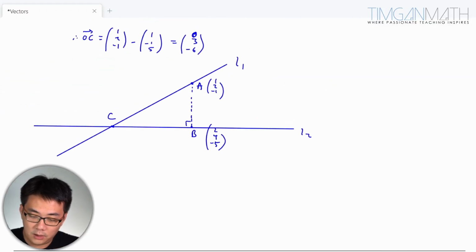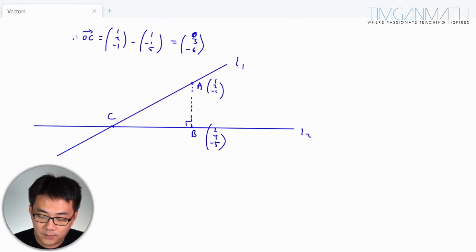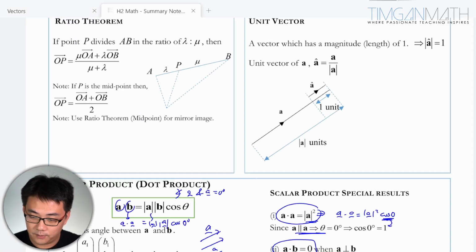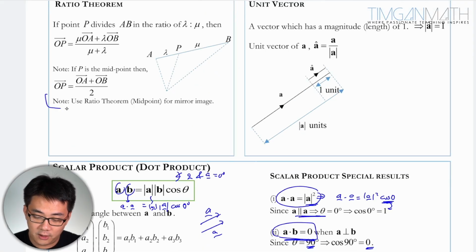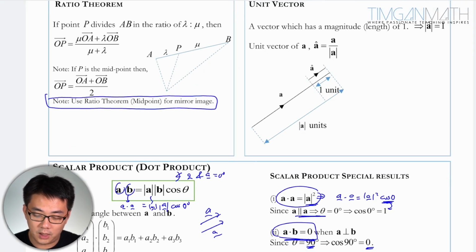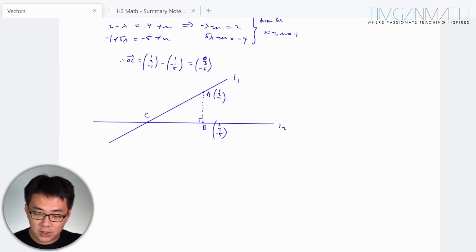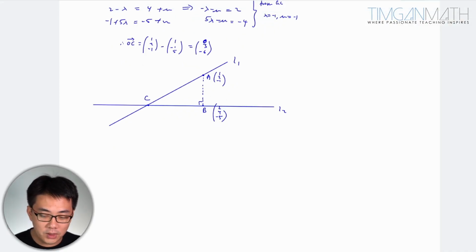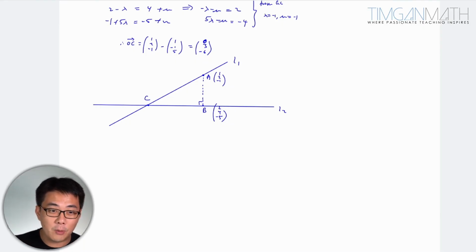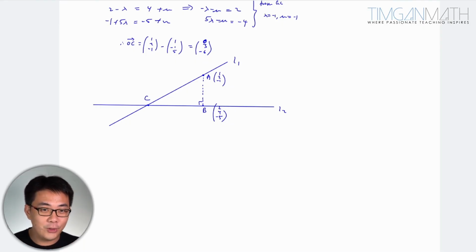Okay. Now take note, as far as line of reflection or any kind of reflection is concerned, what should you use? I mentioned before, for any kind of midpoint or mirror image or line of reflection, use the mirror ratio theorem. Okay, because as long as your image and you are an equal distance from the mirror, as long as this law of physics still applies, then you need to use this ratio.